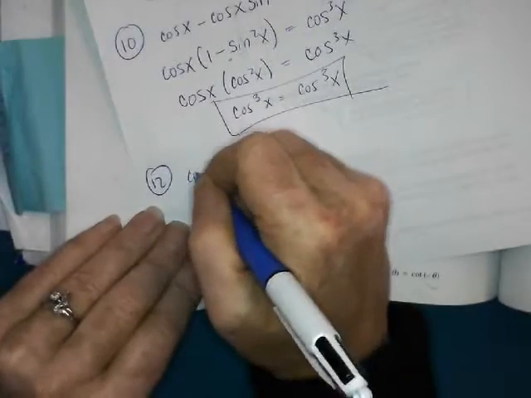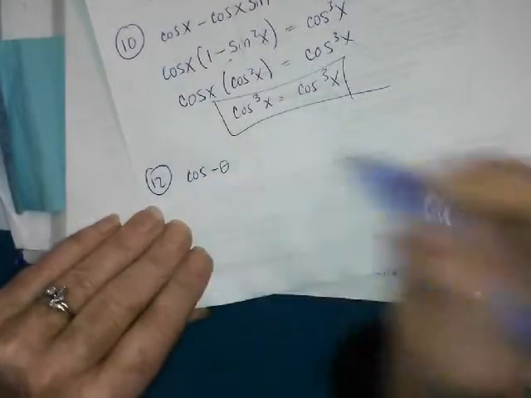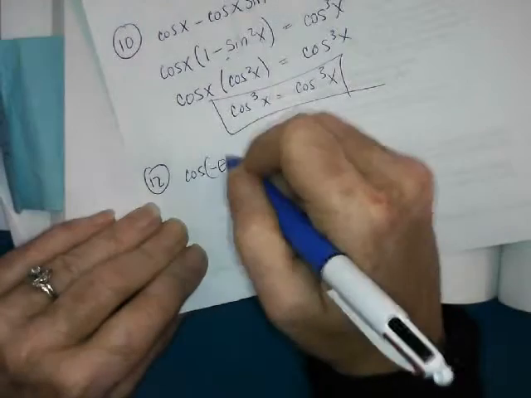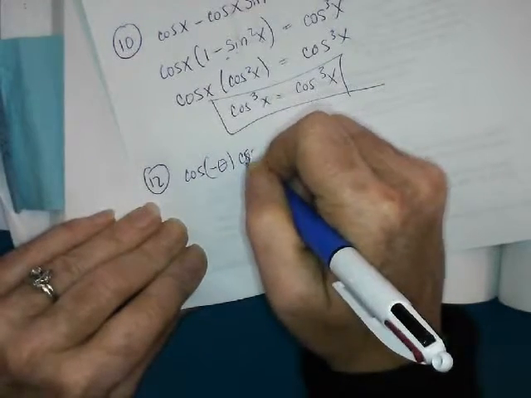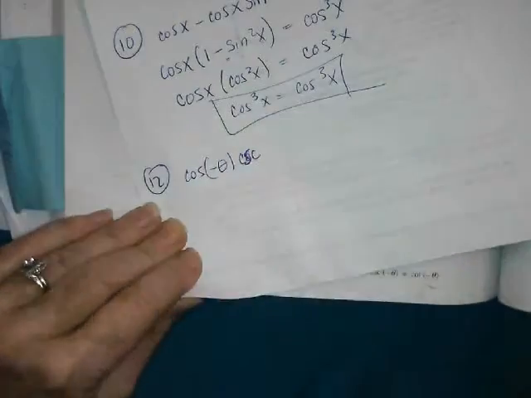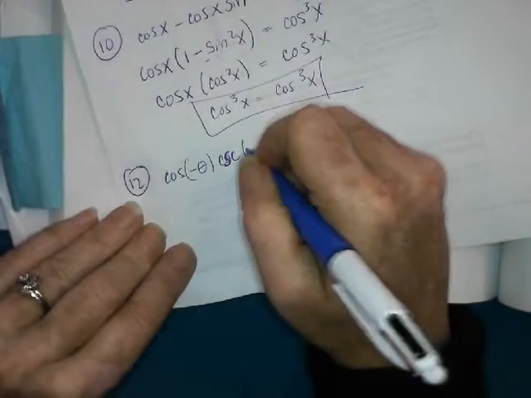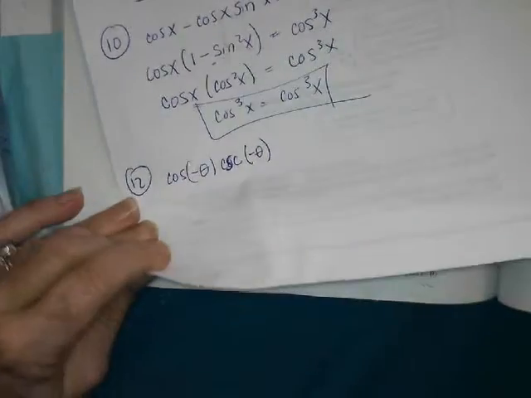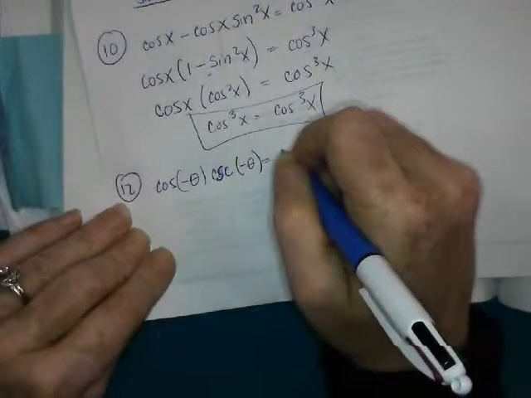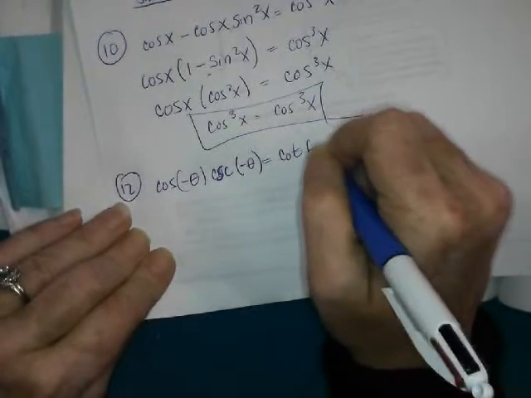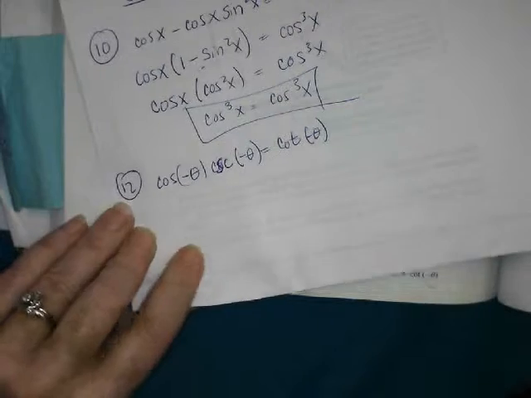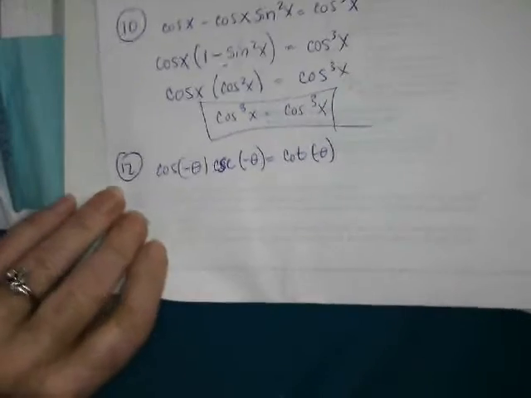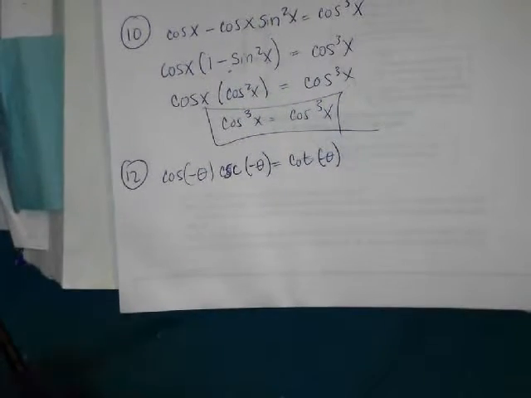Number 12, it's just another one like it. So cosine of negative theta, and then cosecant of negative theta, and that's equal to cotangent of negative theta. So we learned, a couple weeks ago, about even functions and odd functions.